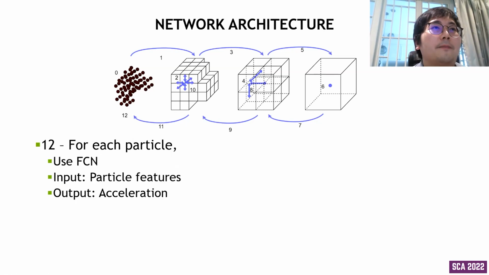The last step is to predict the acceleration from the updated feature. Again, we use a fully connected network to perform this computation from the 128 dimensions to the acceleration x, y, and z components.